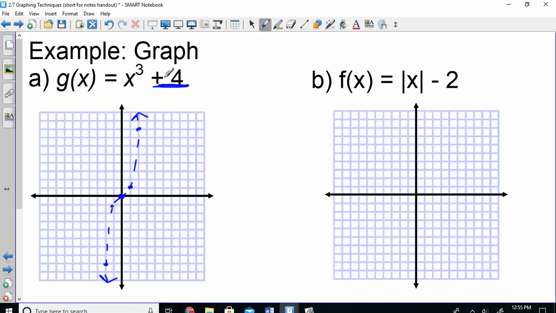Is this 4 inside or outside? Outside because the cube is not attached to it, so outside is y, it does what we think, so it moves it up 4. So you just have to take each one of your points and move them up 4. Make sure you're doing the dashed for your parent function and the solid for your final one.